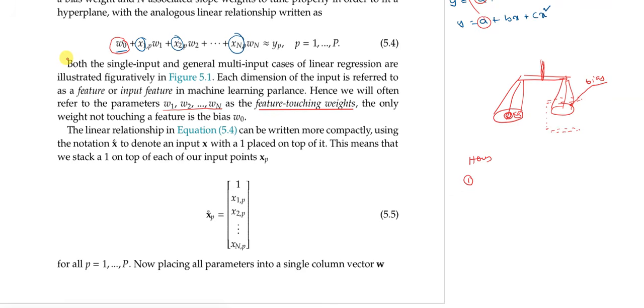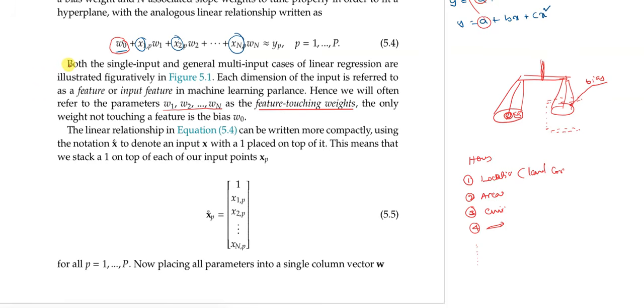The features would be: one, location; next, area; in location I mean land cost; third, amenities provided; fourth, your customized options, like which interior design and what facilities you require for your interior. So these are all the input features. That is the meaning of feature-touching weights.